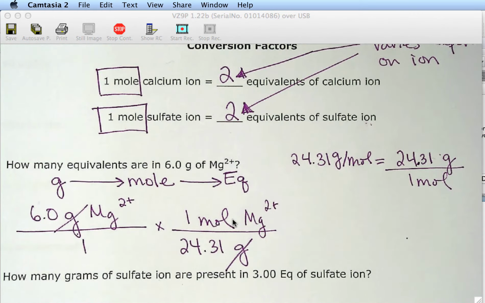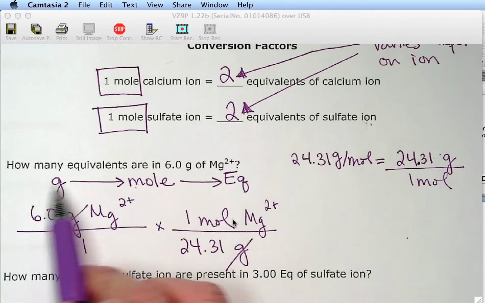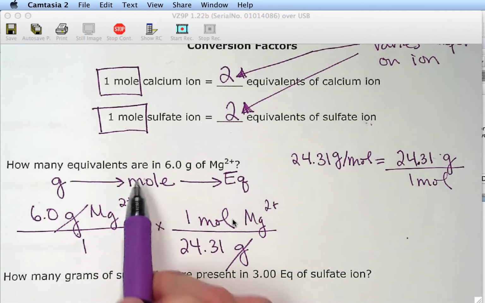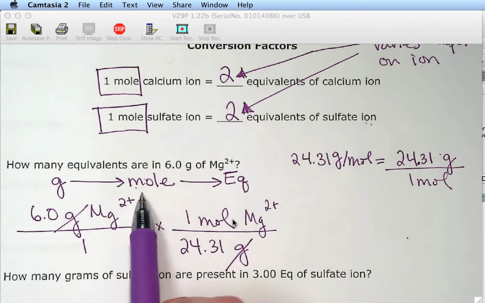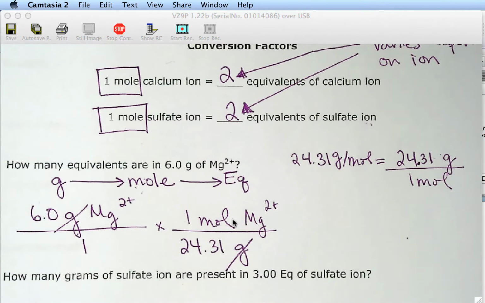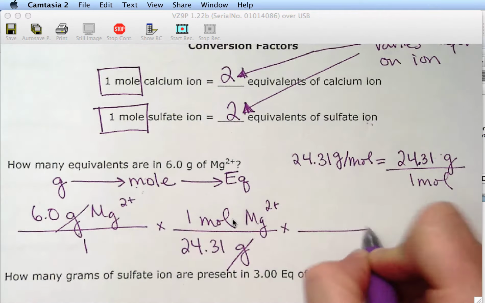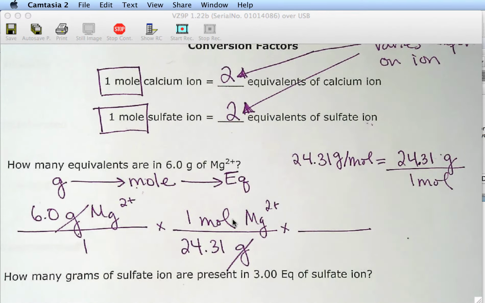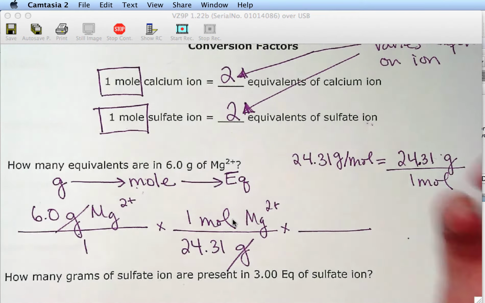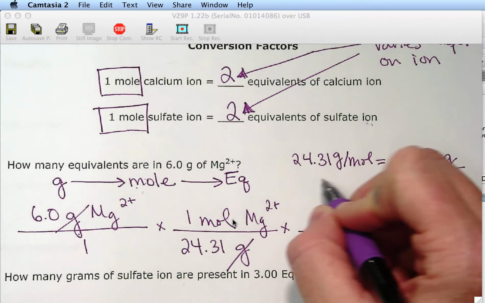So we have gone through this first conversion step. Now we need to convert from moles to equivalents. And this is based on the charge. And remember that I told you that 1 and mole always go together. The number of equivalents depends on the charge of the ion.